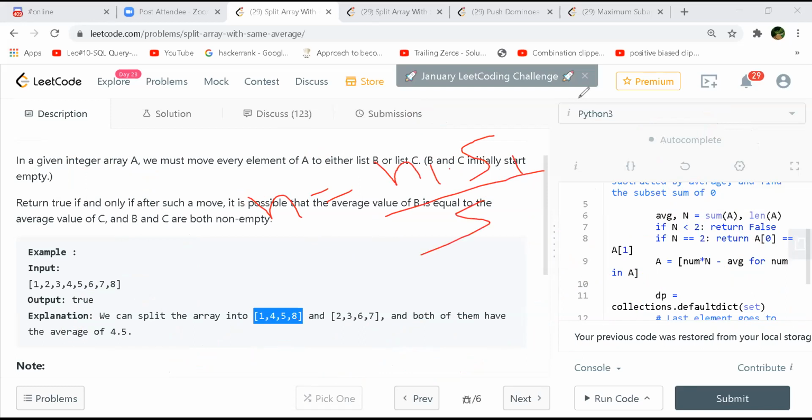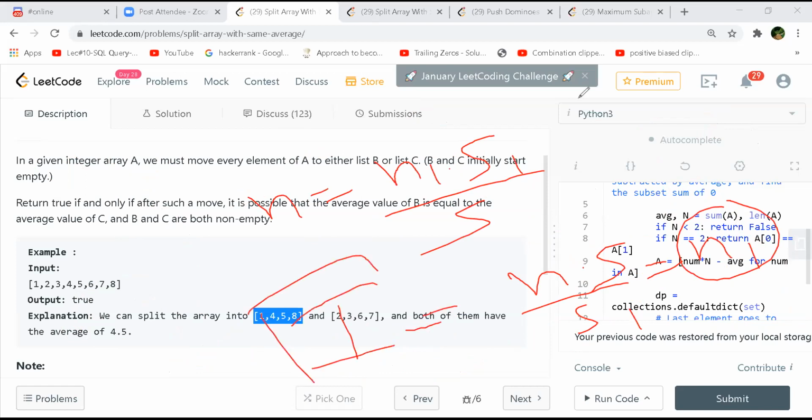This equation is representing that N1 can be any value, as long as it satisfies this condition. If you get an integer value, you have found one such array.